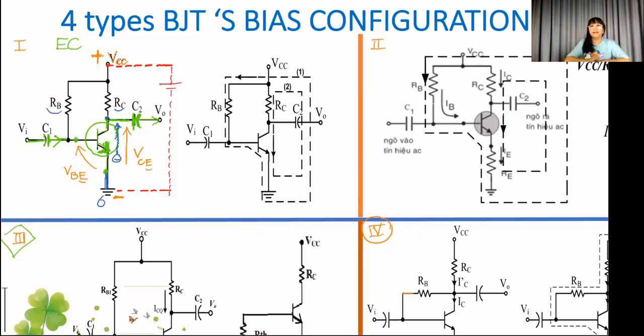Và có một điểm mới nữa, tức là các em nhìn thấy cái nguồn VCC không? Người ta ký hiệu nó là một cái que thôi, một cái que lên như thế này. Đấy là người ta viết tắt. Thế thì cái que này em phải hiểu là cái gì vậy? Nó chính là một cái mạch kín màu đỏ cô vừa mới vẽ xong. Cái mạch kín màu đỏ này là nguồn một chiều.